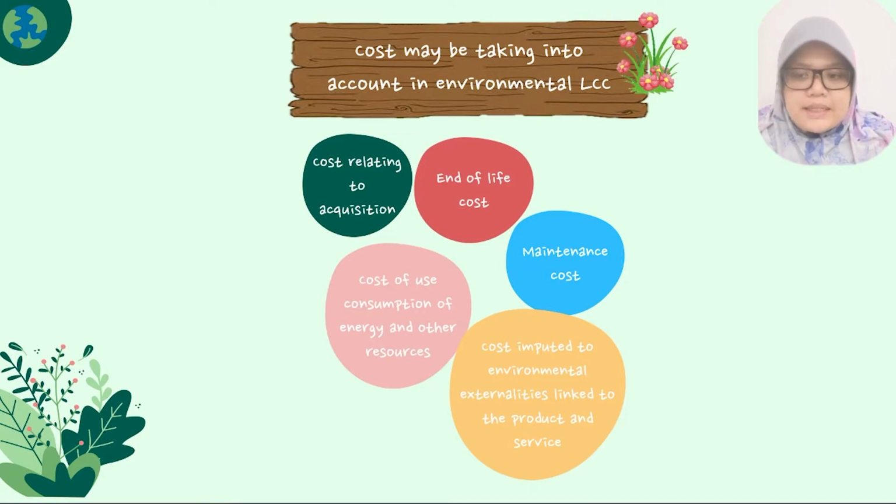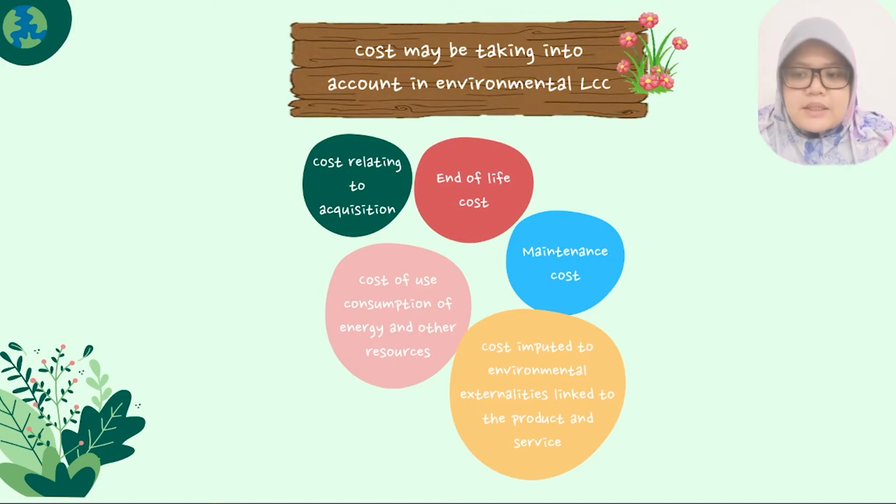The third one is the maintenance cost. It is the cost of repairing the equipment used to produce the product. The fourth one is the cost of use, consumption of energy and other resources. This is the cost incurred when the equipment uses energy to produce the product and provide services to the company.